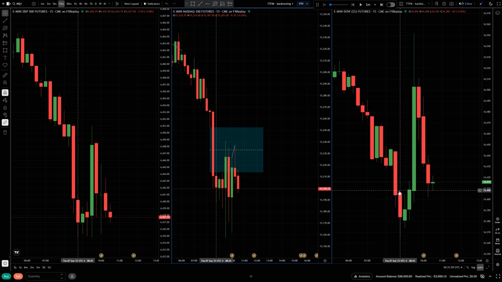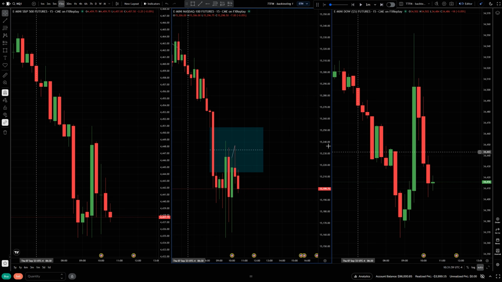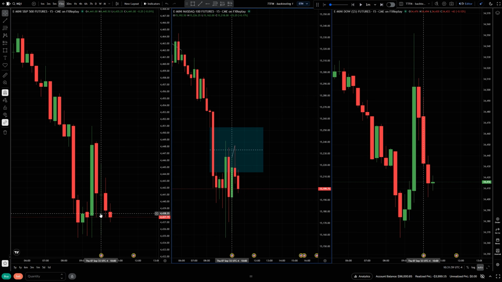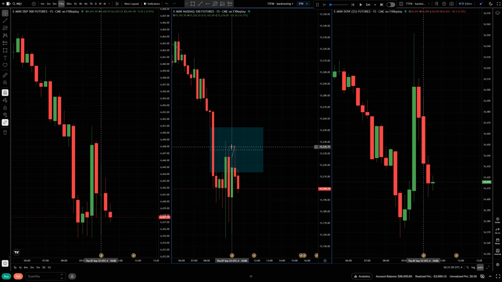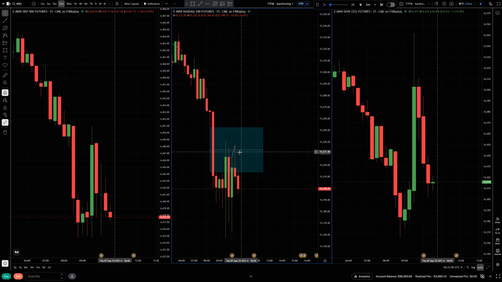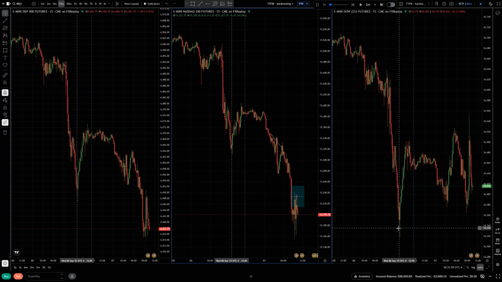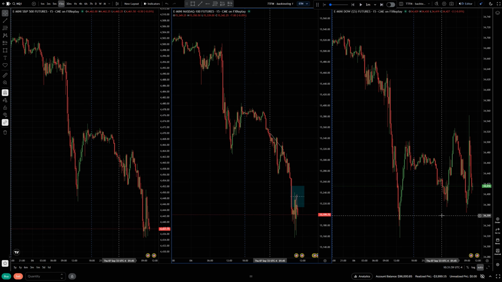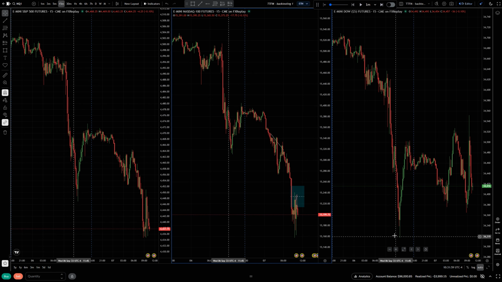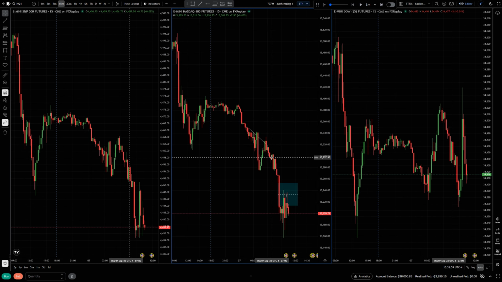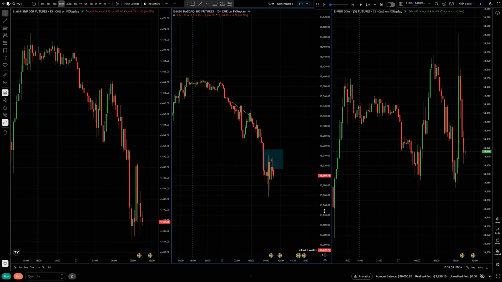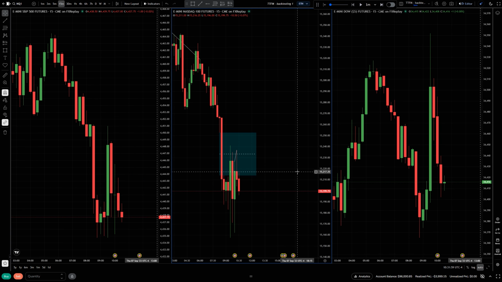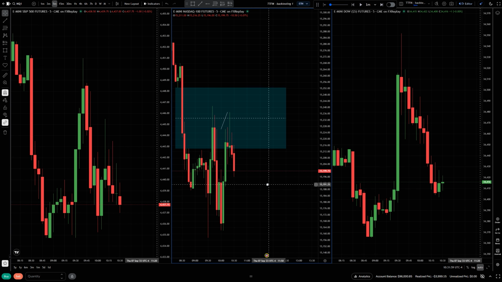Looks like YM closed below this bullish fair value gap here. YM looks like it wants to go down, but I don't like this strength switch between NQ and ES, where yeah, it allows YM to maybe go down to this low, but that means that NQ is not the leading asset anymore on the lower time frames.